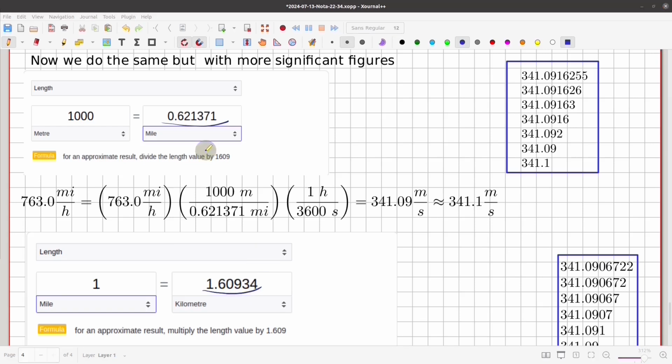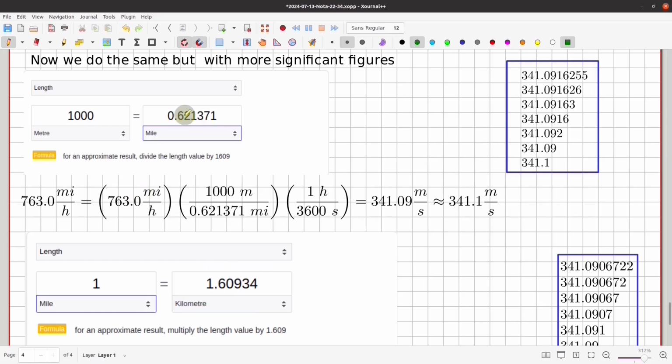Let's clarify the difference between significant figures and precision. Significant figures include all the digits in a number that contribute to its value, both before and after the decimal point, except for the leading zeros, which do not count.